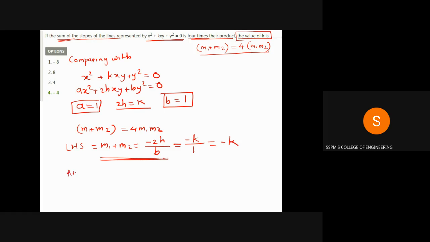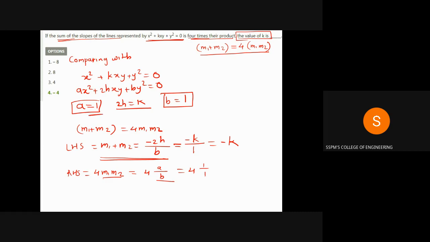And RHS is 4m1 m2, which is equal to 4 times a by b, since product is given by a by b. What is the value of a?